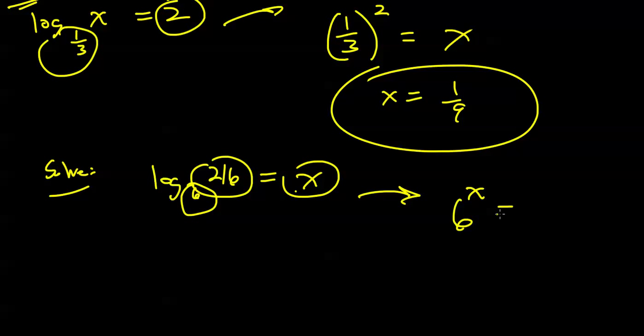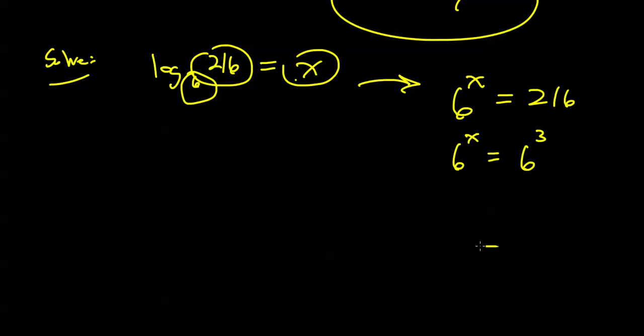Well, I'm hoping we'll recognize 216 is 6 cubed, is it not? And if you've got an equality sign between these two expressions and the bases are the same, that means, of course, the exponents must be the same for equality to hold. So x equals 3.